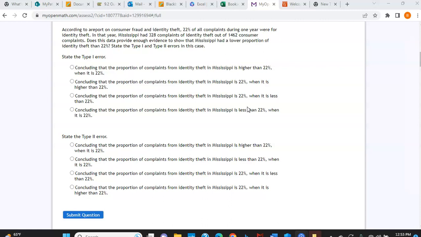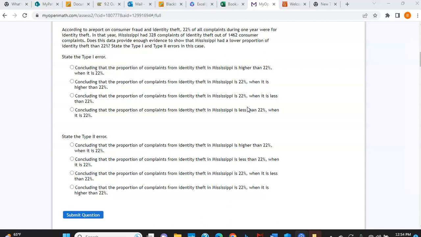Okay, now, the first information we're given is the status quo. It is our null hypothesis. So our null hypothesis is that the proportion is 22% or 0.22. Or we can say the percentage is 22%.